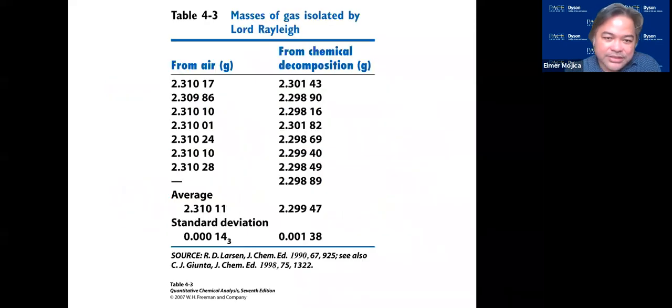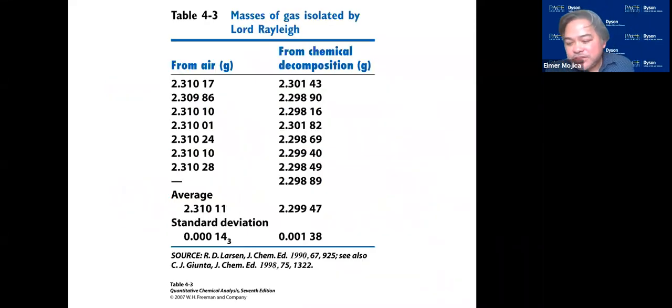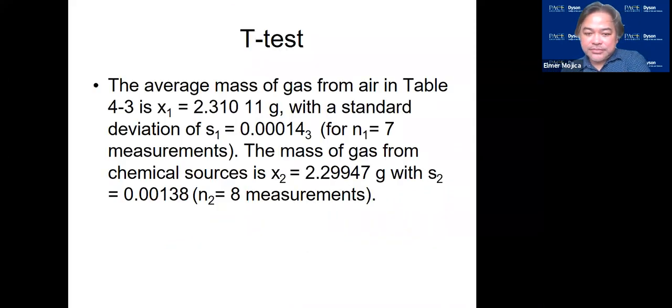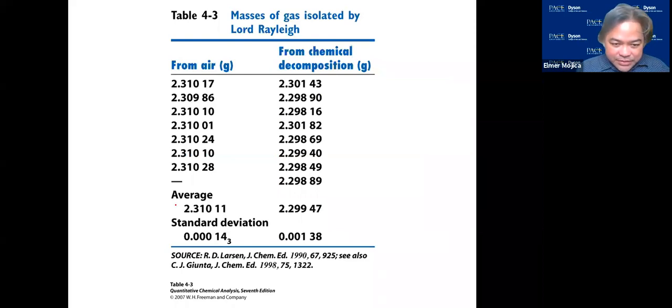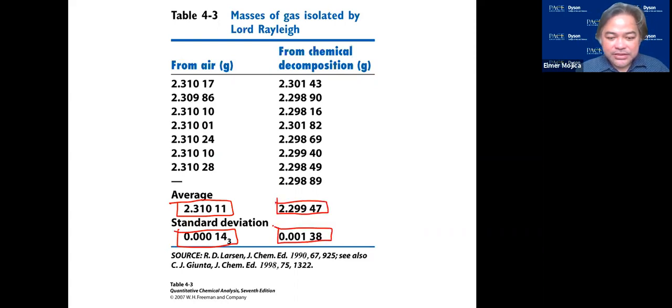Now let's go on to another set of t-tests. This time we are comparing two experimental means. The masses of gas isolated by Lord Rayleigh are given here. As you can see, this is the average for one set of experiments and its standard deviation, and this is the average of another experiment and its standard deviation.